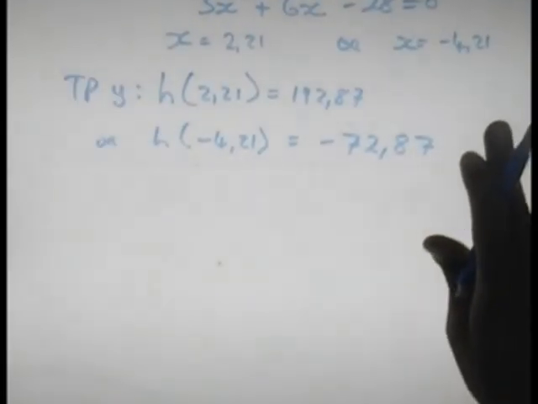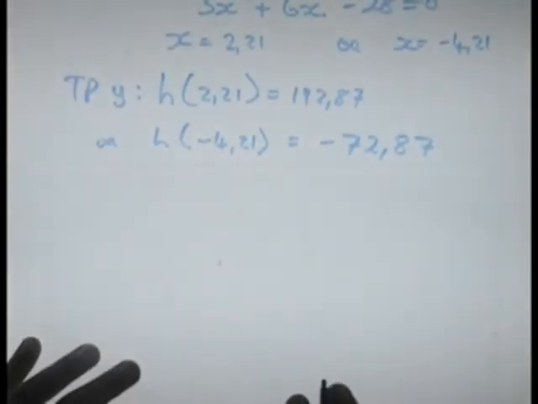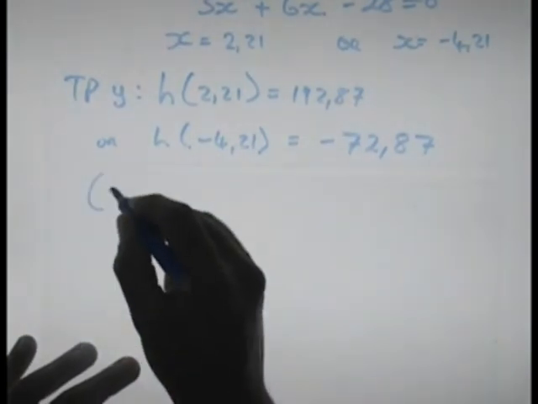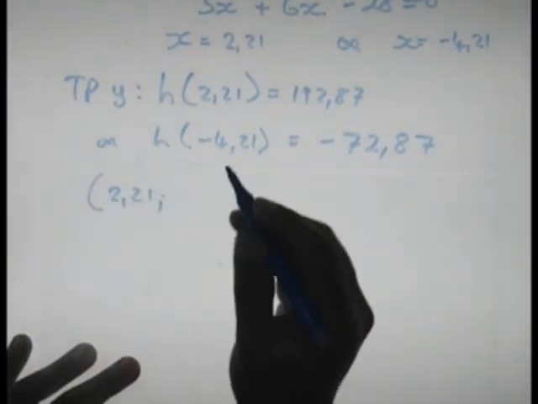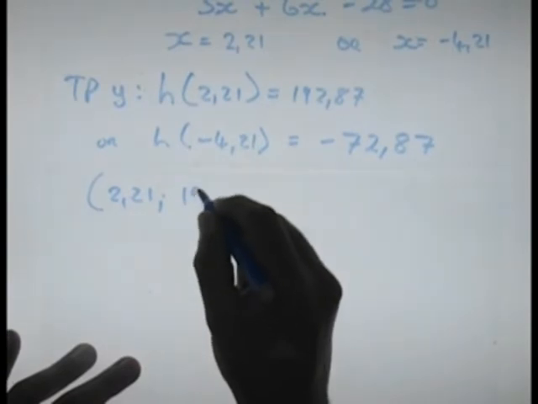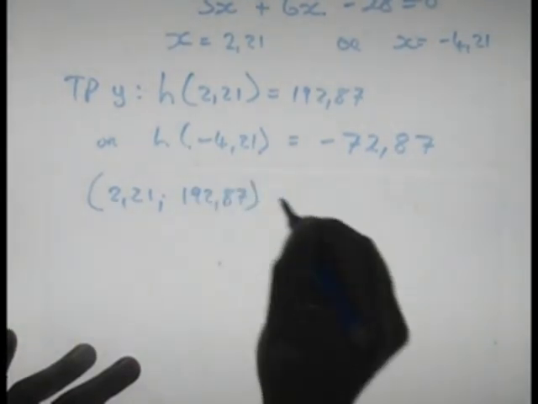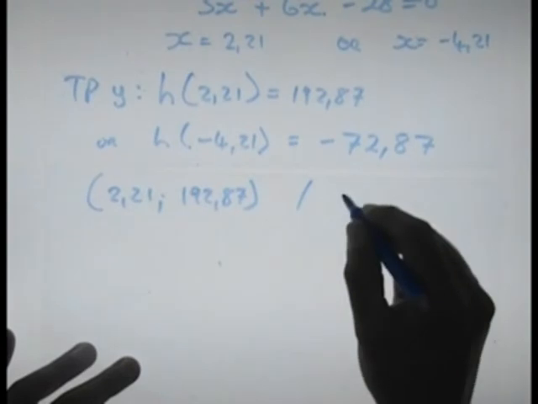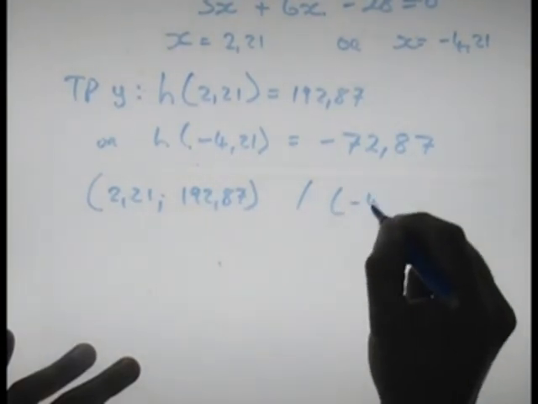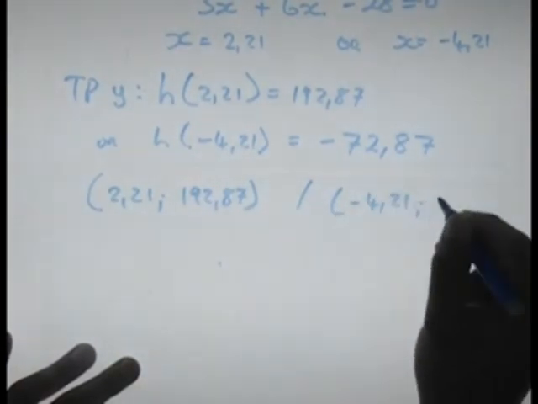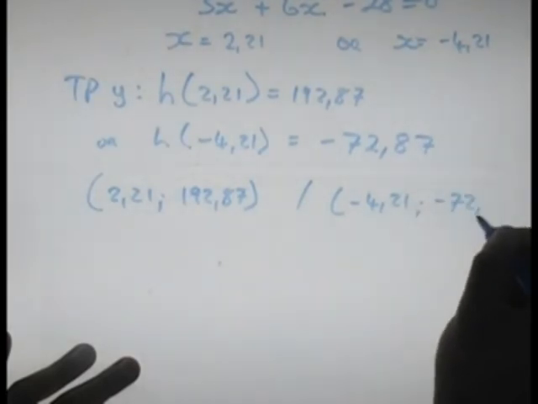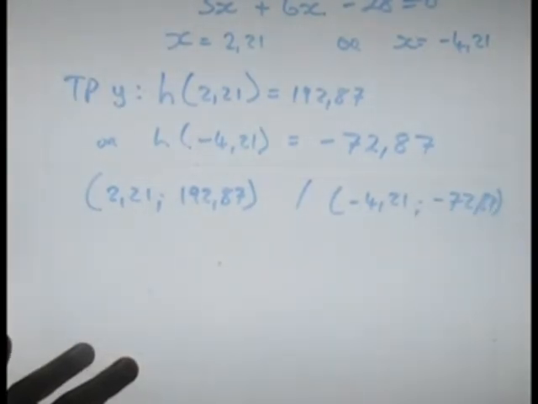This means that my turning points are given by an x value of 2.21 and a corresponding y value of 192.87, and the other turning point is given by an x value of negative 4.21 and a y value of negative 72.87.